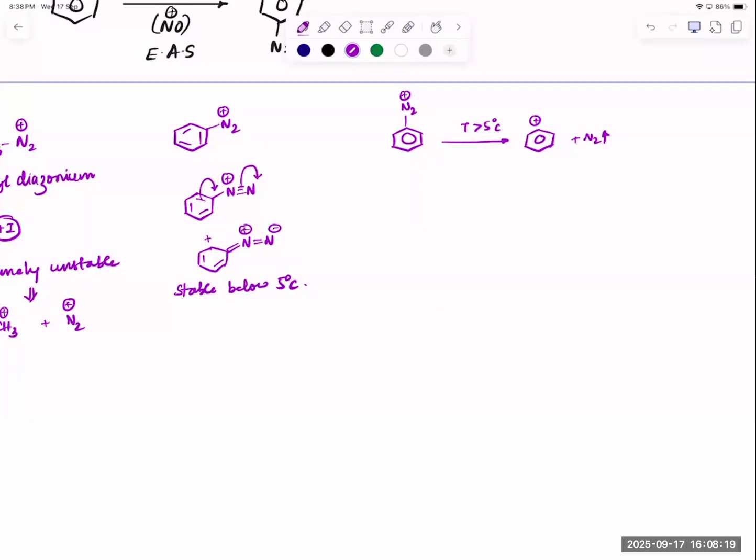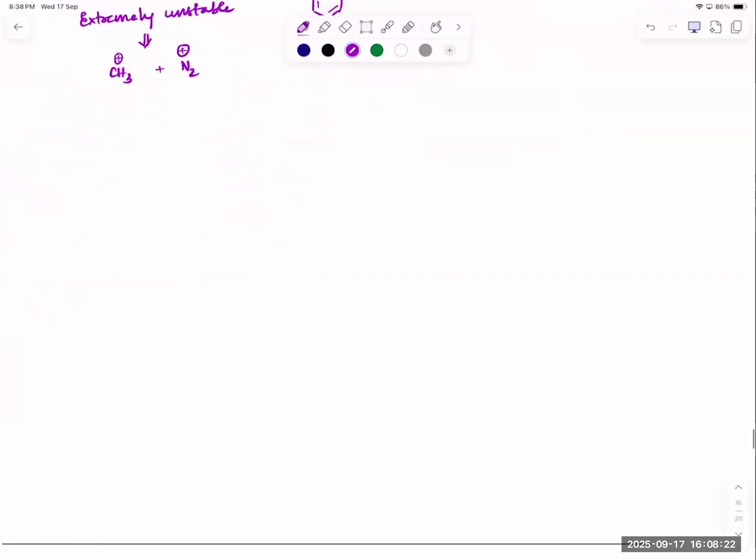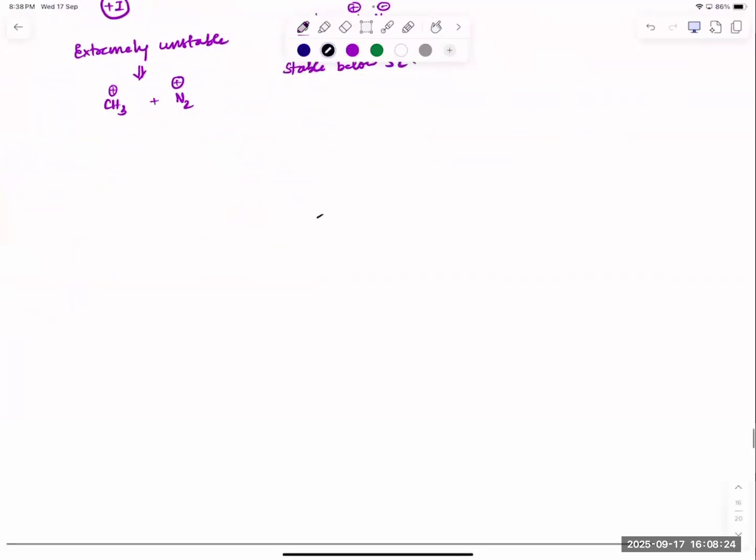Clear on that? Now notice what type of reactions aniline can perform as a diazonium salt.